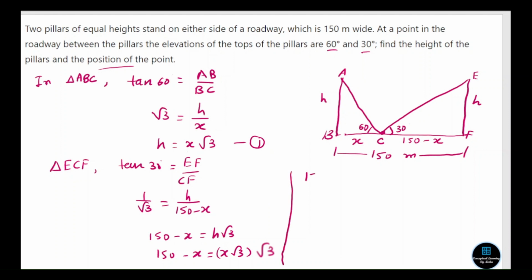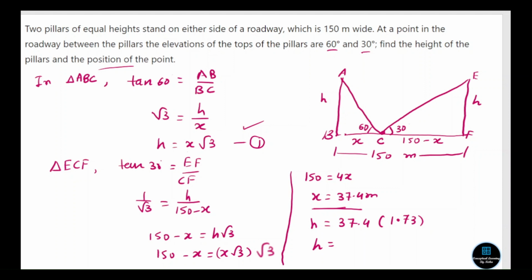Then simplifying, 150 equals 4X, and when I divide by 4, I'll get X equals 37.5 meter. So X is 37.5 meter, and when I substitute in the first equation, H equals 37.5 into 1.73 if we take that.